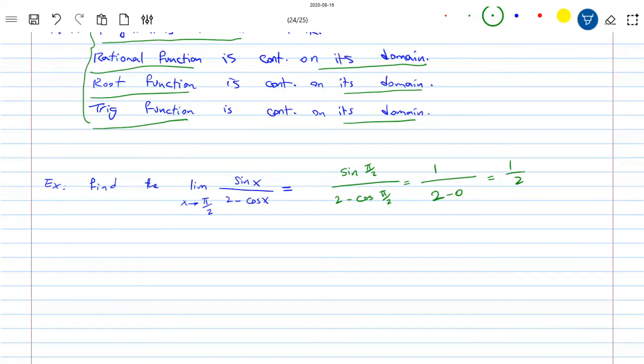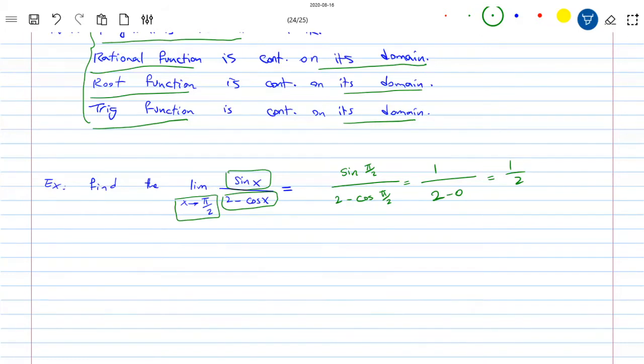Why would this be possible? This is possible since we know that x equal to pi half is a point in the domain, and each of these functions, sine x by itself and 2 minus cosine x, is continuous, so therefore the limit and the value of the function are equal. So it's not necessary for us to draw tables and pick points close to pi half.